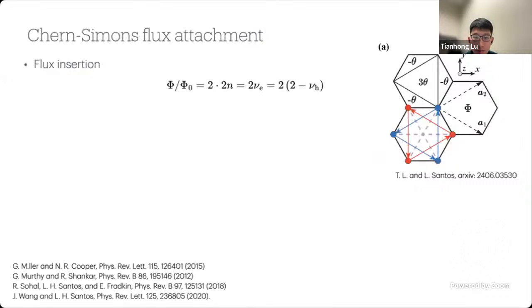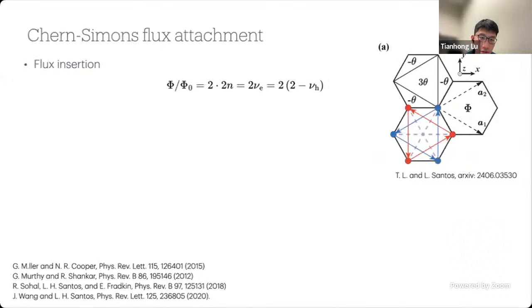here's the illustration of the lattice. In 1 unit cell, or 1 hexagon, we're inserting a phi. Because we're inserting 2 flux quanta to 1 electron, this phi depends linearly on the number density of electrons. Here we're using n to denote the number density of electrons, and the 2 means 2 flux quanta.